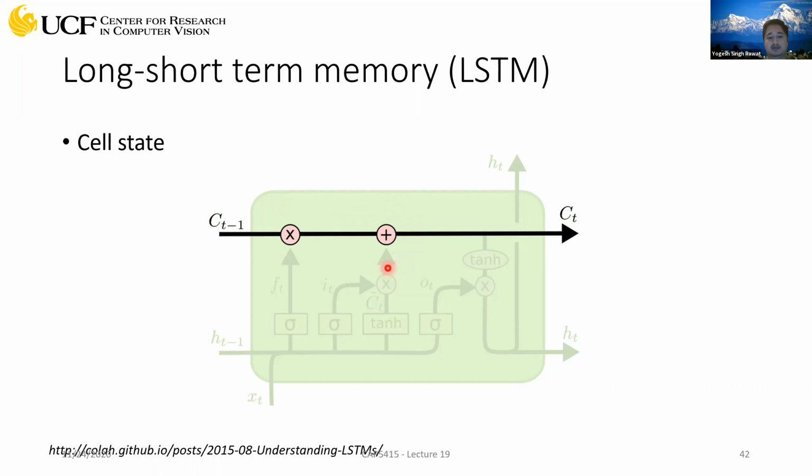So you add that information and update your cell state. Now that updated cell state is used to predict the output at this time step, and it also plays the role of the hidden state, the same information you send to your next time step. So that's the role of the cell state.